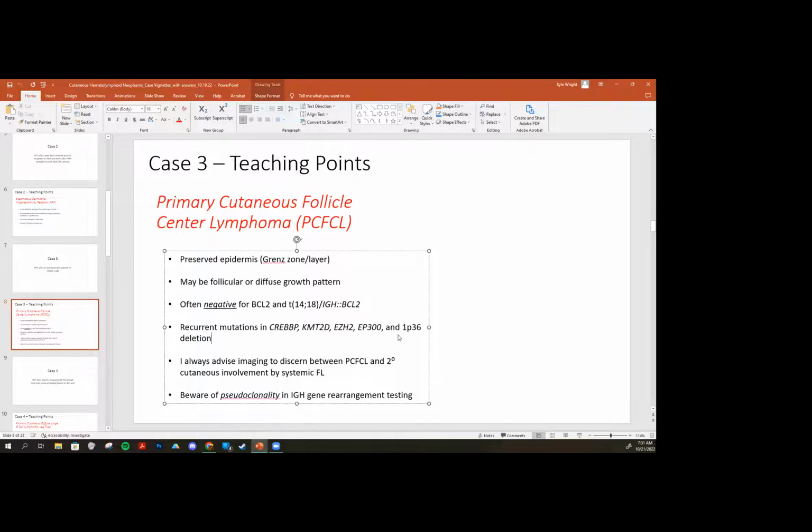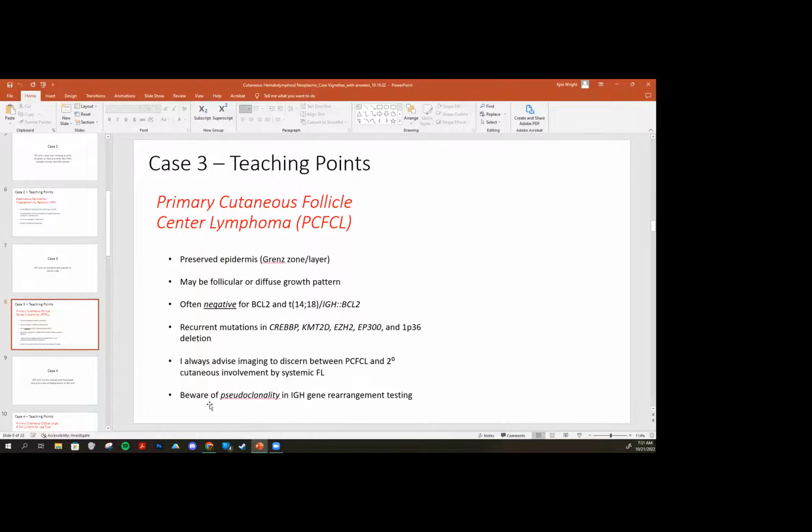And I think an important point to make here is that I always advise imaging in these cases to have the clinician discern whether or not this truly represents primary cutaneous follicle center lymphoma, which has a better prognosis, rather than secondary cutaneous involvement by a systemic follicular lymphoma, which would carry a worse prognosis and higher potential to transform to DLBCL. So I always advocate for them to do some level of imaging to look for lymphadenopathy systemically to see whether or not these are primary or secondary involvement.